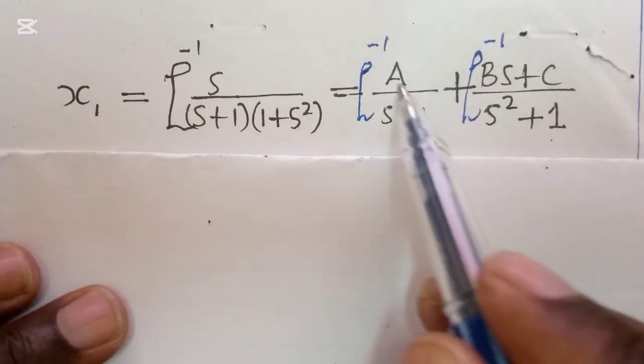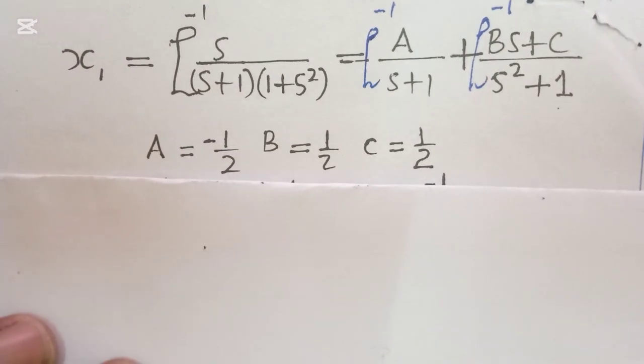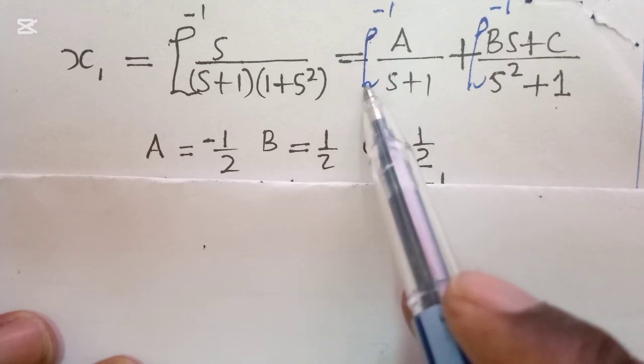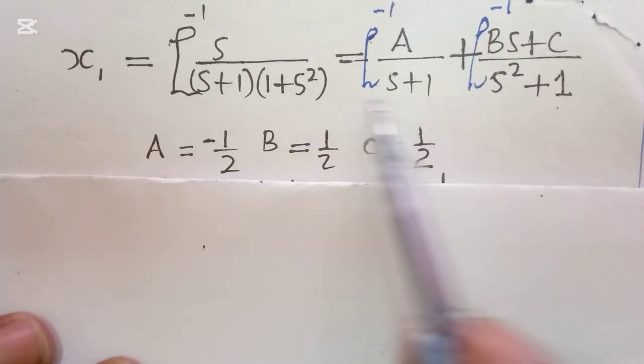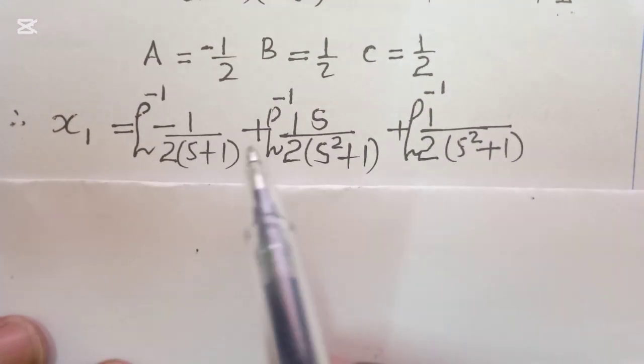After we have found the values, they are here: negative a half for A, a half for B, and C is a half. Now we can write the inverse Laplace transform, and it is actually here.